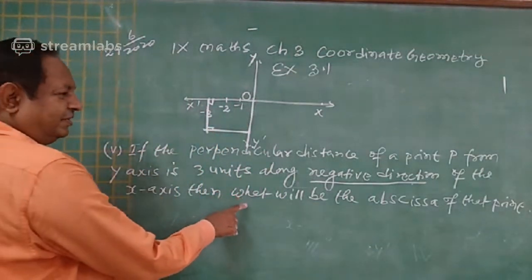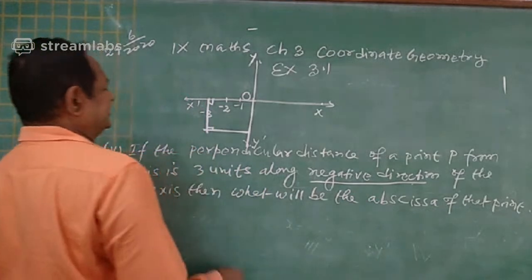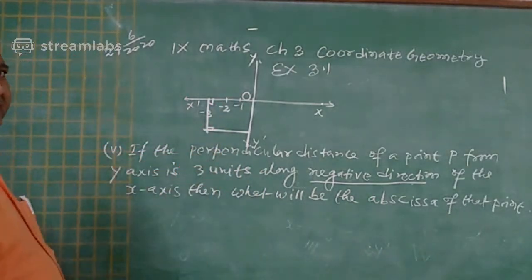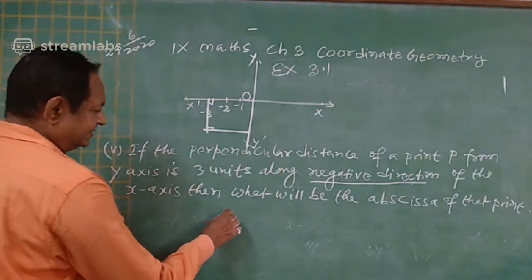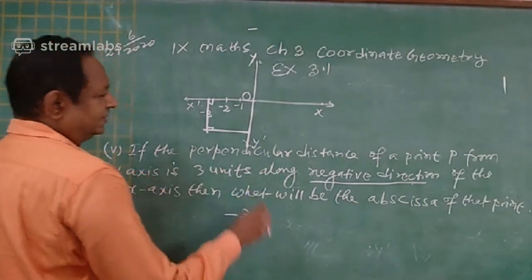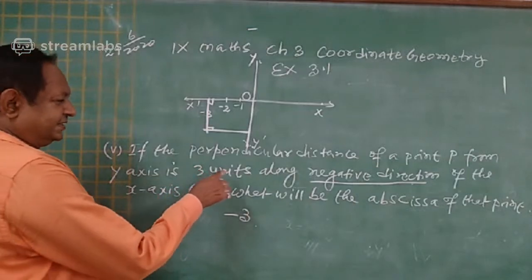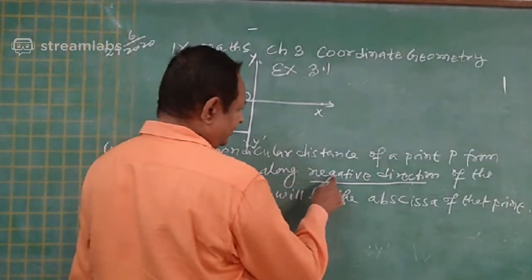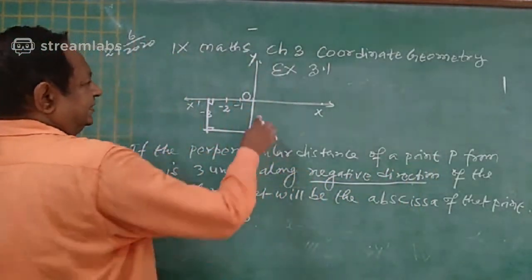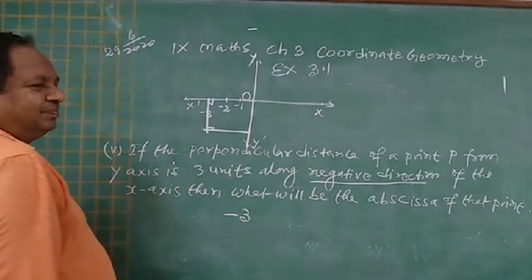So what will be the abscissa of the point? Abscissa means x coordinate. So it is -3. Similarly, if it is 3 units along positive direction, then it will be +3.